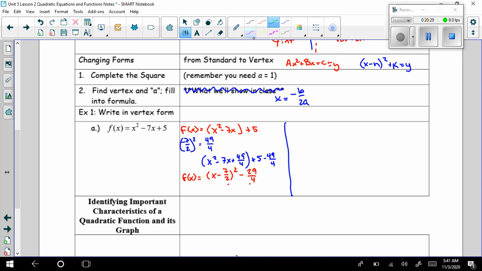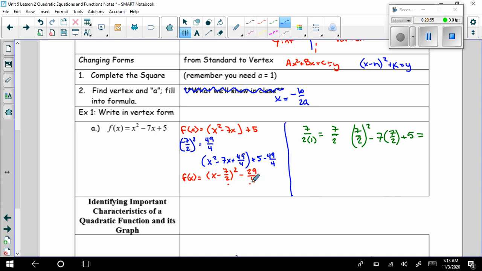All right. I could also take negative b, so 7 over 2 times a, which is 1, 7 over 2. This is my x value. And I can plug that into my equation. So you plug everything in and solve it out.